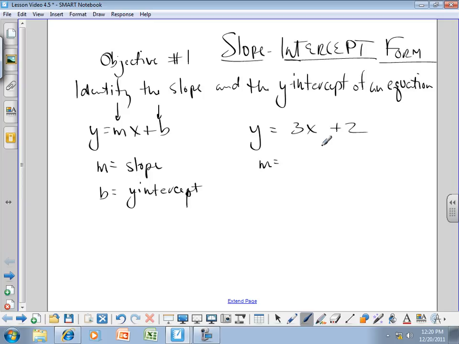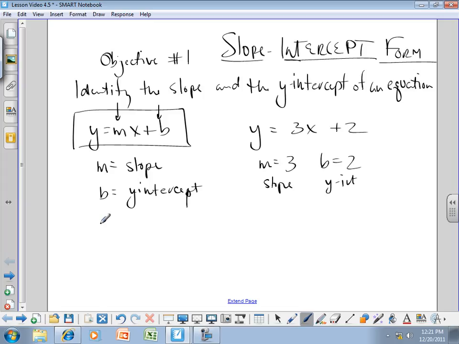Tell me what m is. 3. Yes. You should also be able to look at that and tell me what b is. Yeah, it's 2. So the slope is 3. The y-intercept is 2. So as we come to understand slope-intercept form, we can look at that and come up with a slope and a y-intercept.